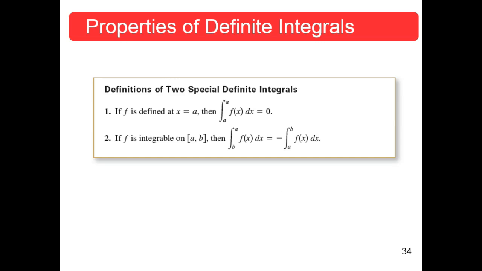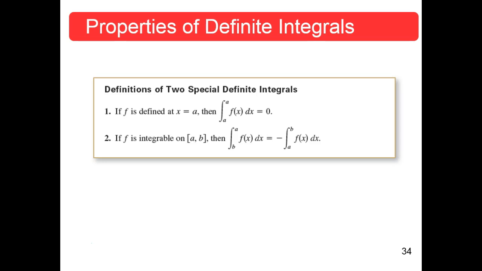If f is defined at x equal a, so f has to be defined there. If f is not defined there, this doesn't make any sense at all. But if it's defined at x equal a, then the integral from a to a, which is not going anywhere, of f of x dx is just 0. That makes pretty good sense, doesn't it?